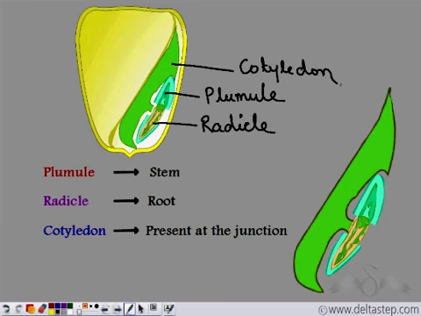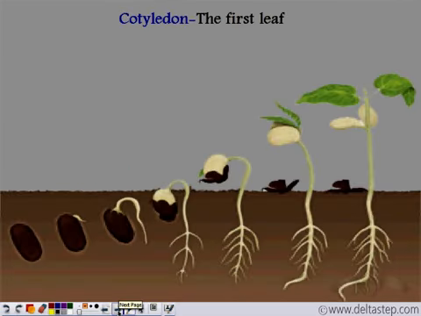So this is the plumule, this is the radicle, and this is the cotyledon that joins the plumule and the radicle. Now, cotyledon forms the first leaf of a plant.